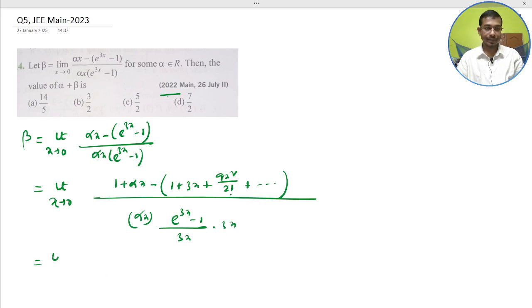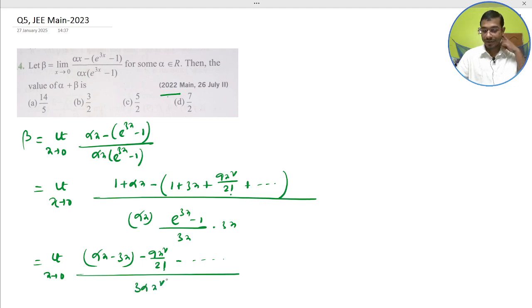Okay. Now limit x tends to 0. This would be alpha x minus 3x minus 9x square by 2 factorial minus dot dot dot divided by 3 alpha x square. This should be 1 at limit x tends to 0. This should be 3 alpha x square.